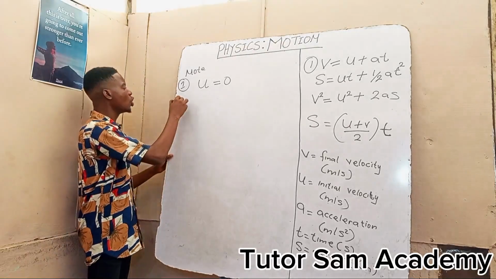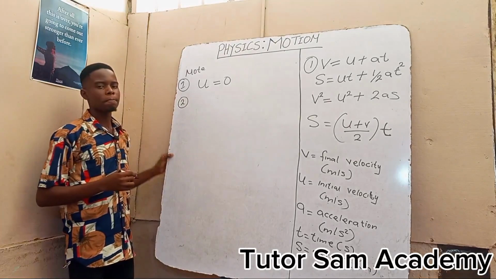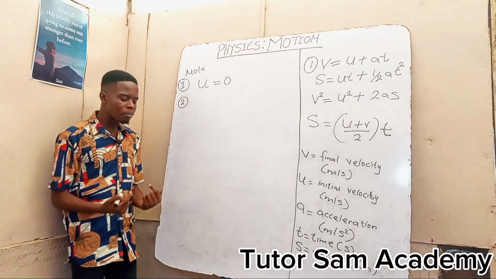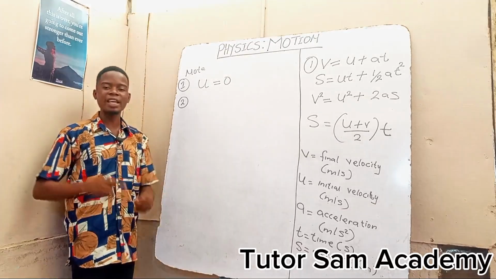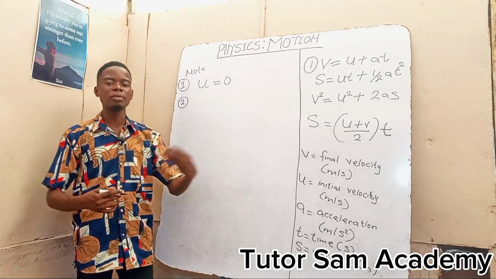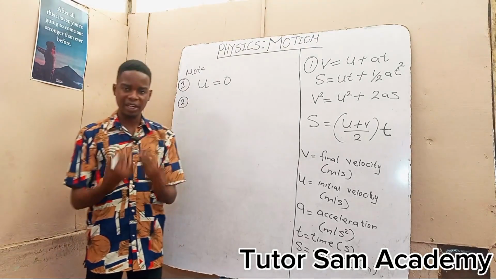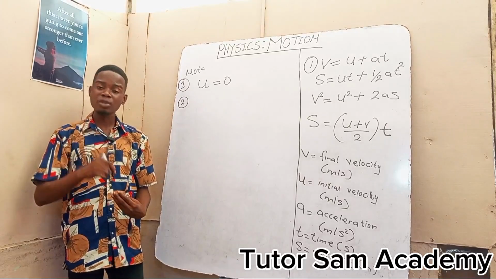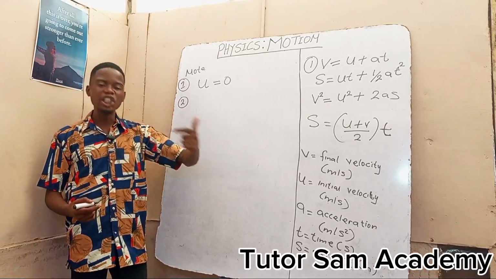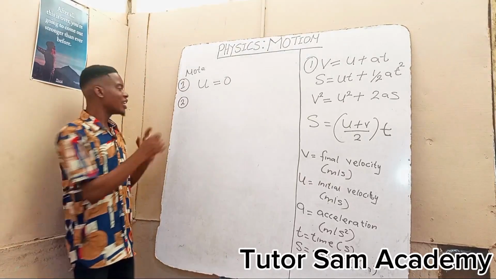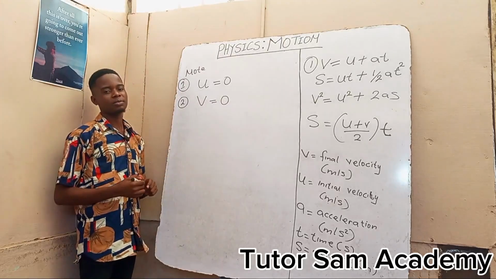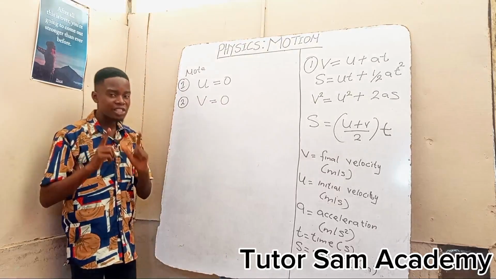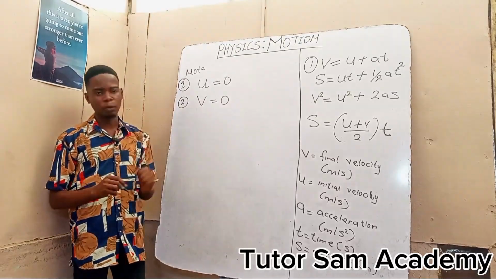Number 2: when a body comes to rest after undergoing a motion, say a body moves from here to here and now comes back to rest, that means the body has an initial velocity. Therefore, its final velocity v is equal to 0. Those are the 2 things you must take note of very well in motion.